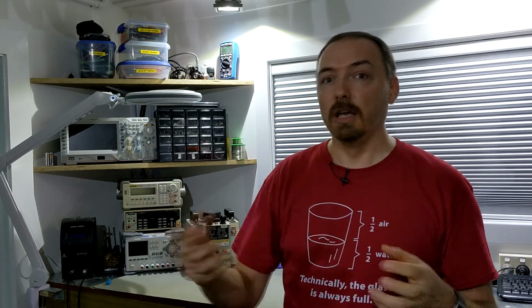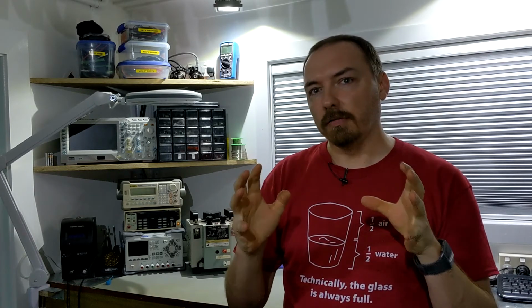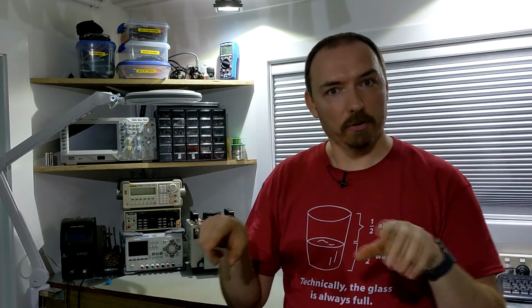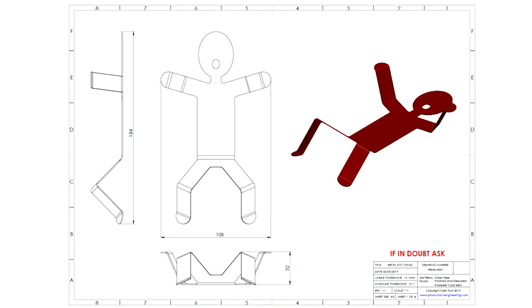Now, if you are looking for a production engineer who's going to take a design and move it forward, what you would be looking for is a couple of things. You'd be looking for details in the drawings. You will see a few people post up line drawings, like technical drawings, like you can see right now on your screen. But some of them actually don't really tell you much about the design. A line drawing is something we send to a manufacturer to tell them exactly how we want something.